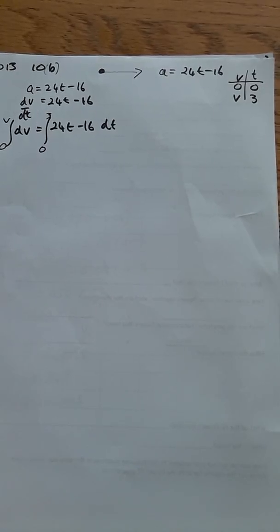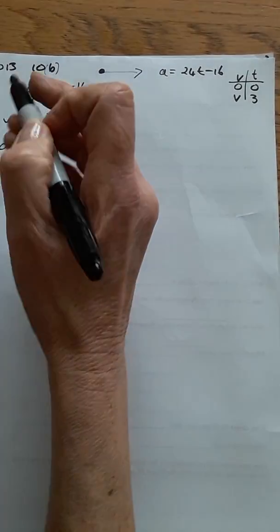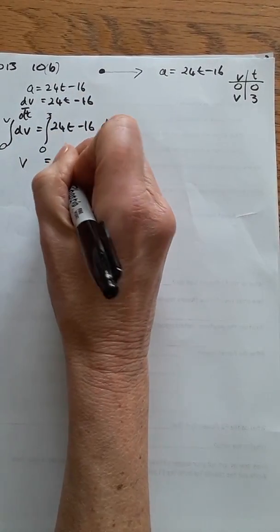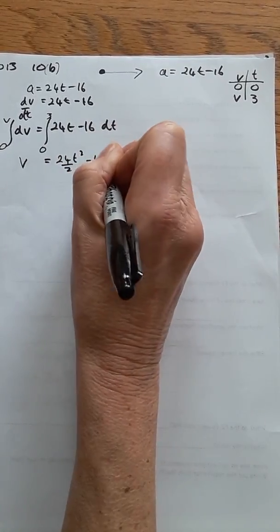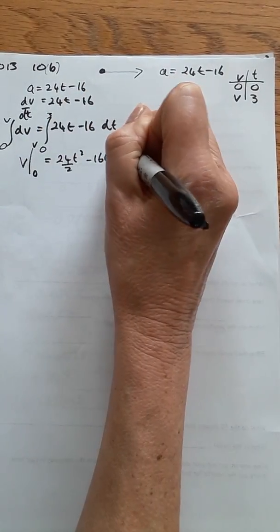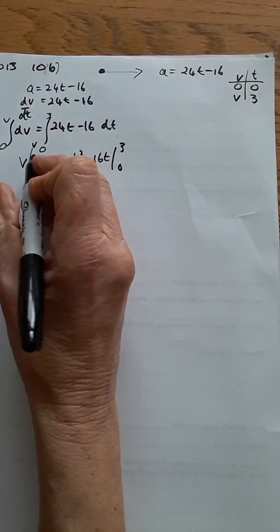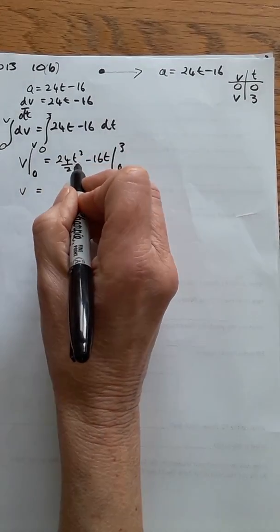And now I'll integrate. So when you integrate dv, which is just 1 times dv, you get v, is equal to, this of course will become 24t squared over 2 minus 16t. So my v, remember, is going from v to 0, and this is going from 3 to 0. So I'm going to put in the limits. So v, going from v to 0 over just v, this would be 12t squared.